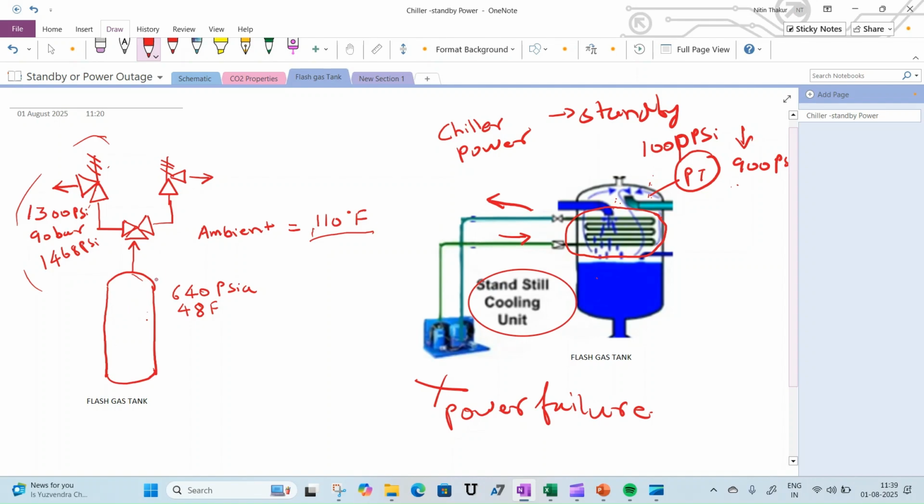So these were the two important constraints to keep in mind when designing the CO2 chiller, which is different from a freon or ammonia chiller: we have to give a standstill cooling unit for standby conditions for a longer period of time, and a relief valve for the power failure or power outage condition. So, thank you.